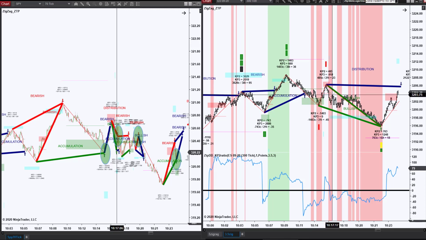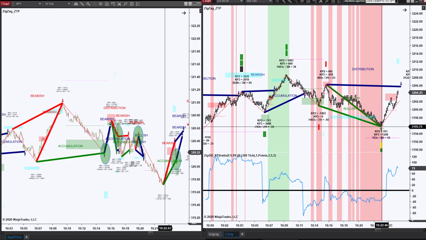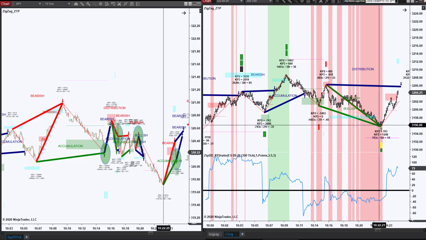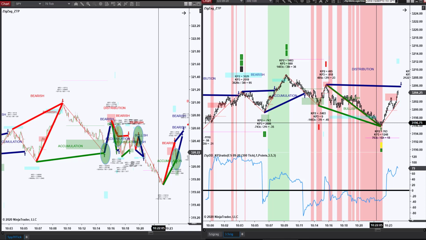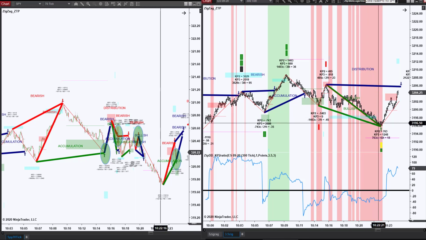And if you shorted it, you would have shorted here when the BloodHound gave you the red signal and the spider distribution, and that took us down another 7 points until we had the special divergence down here, and we stayed in that trade.